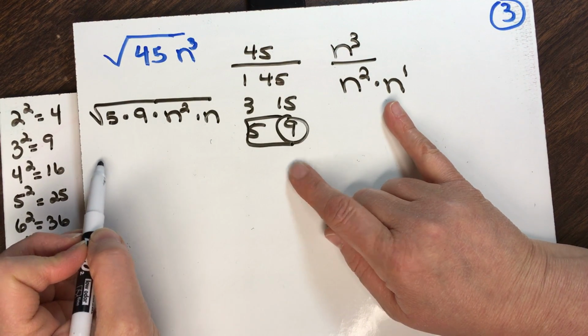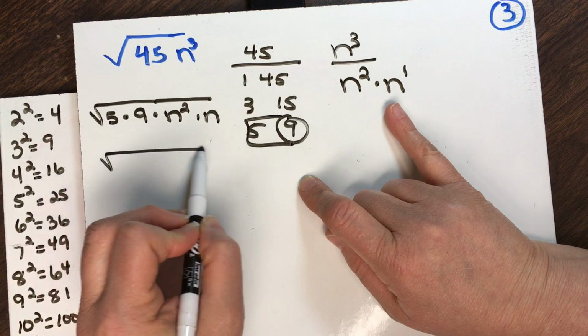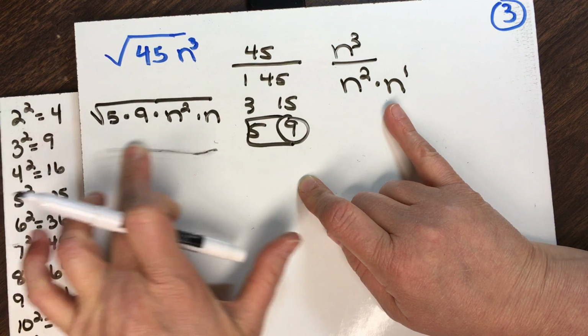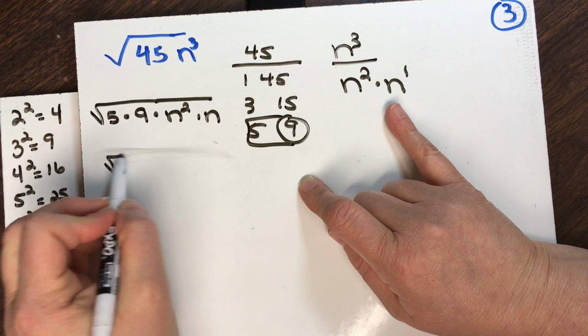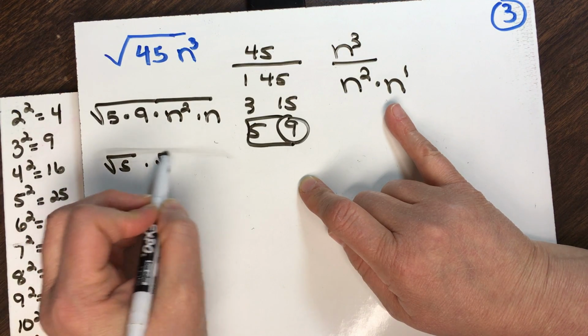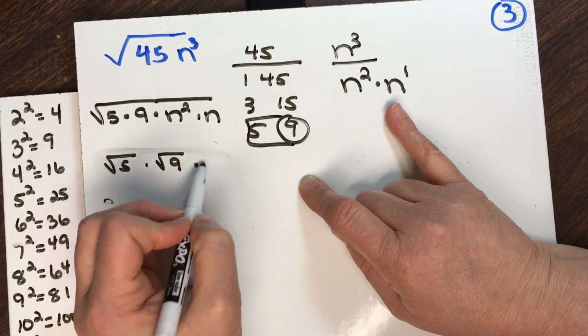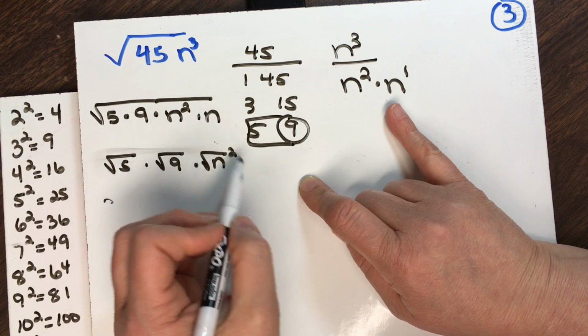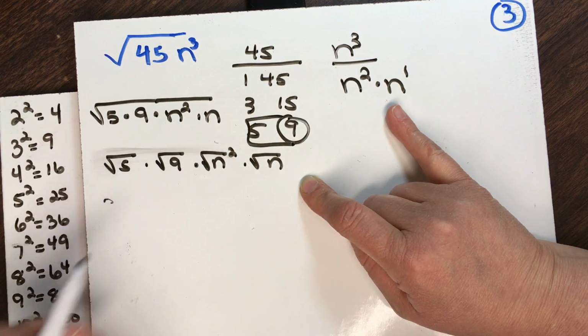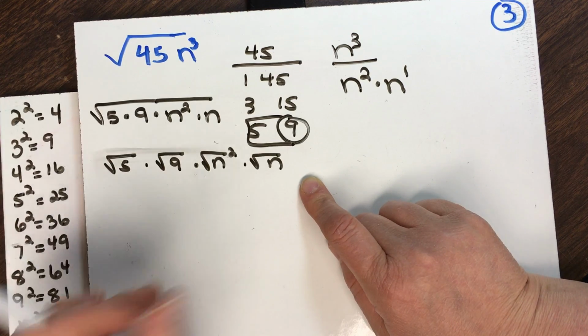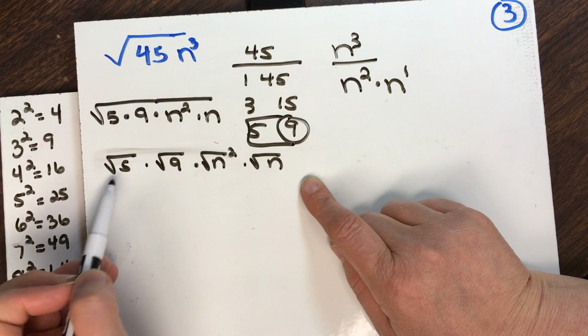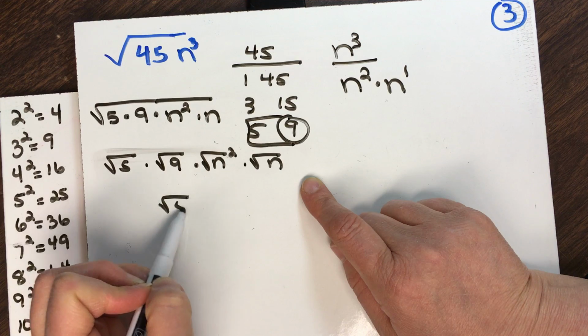Now I'm going to break it up. Whoops. I don't want the big one, I want little ones. 5, 9, n squared, n. Now, I can't do anything with the 5, so I'm going to bring that down.